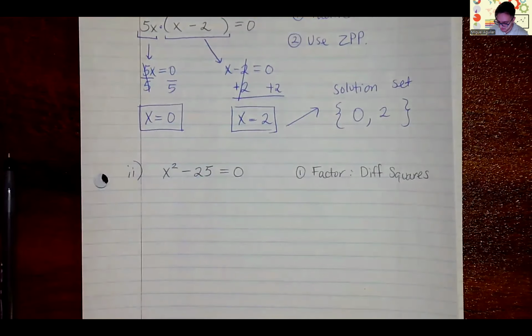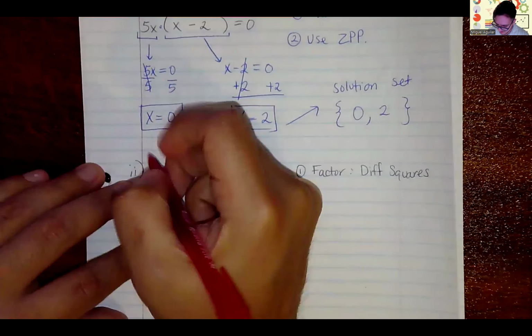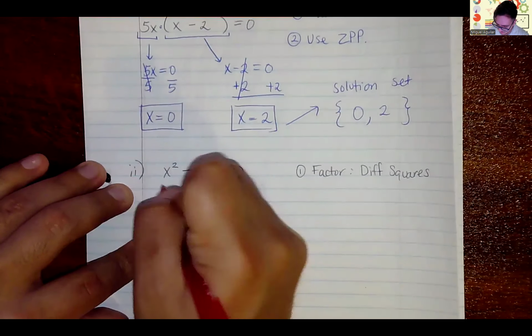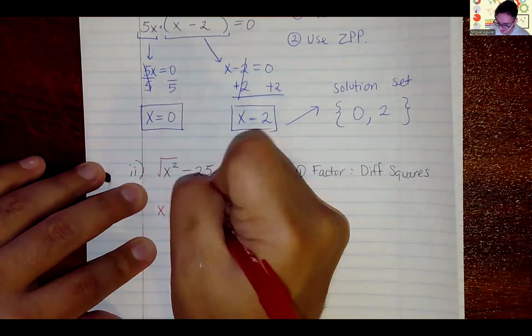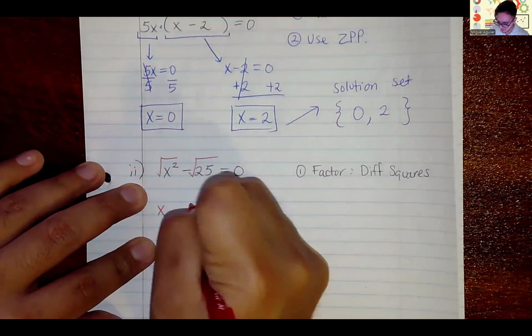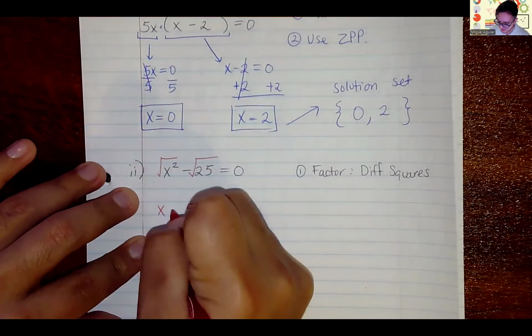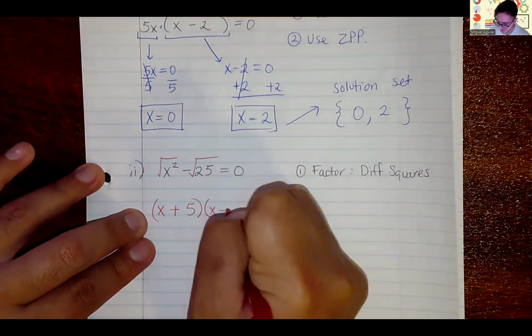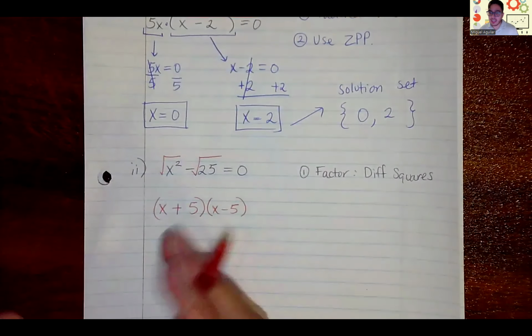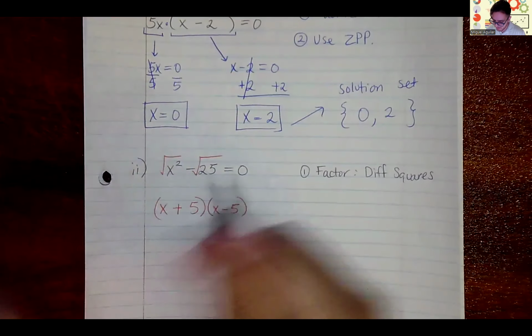So if you recall from the previous video, to get the factorization here, we needed to sort of take the square root of that, which will just give us x, and take the square root of this, which will give us a 5. So one of our factors is x plus 5. The other factor is x minus 5, just using that difference of squares formula.